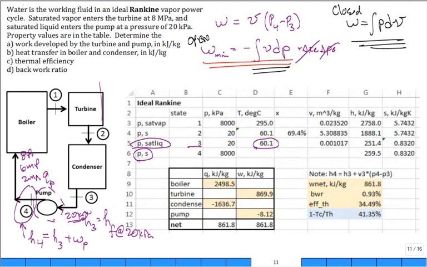Anyway, so we have this integral V dP, and why can I then rewrite it like this? In what cases can I do that? Why for a pump, putting liquid through a pump? Water's considered incompressible. Exactly. It's a slight assumption that it's incompressible, but it's a great assumption.